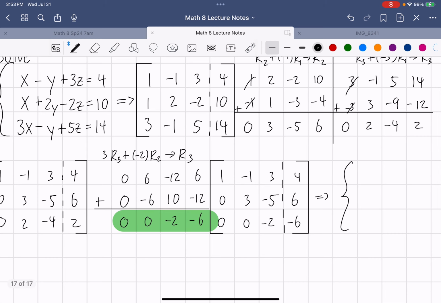You can start the back substitution if you like, but you can also write x minus y plus 3z is equal to 4, and then 3y minus 5z is equal to 6, and negative 2z is equal to negative 6.